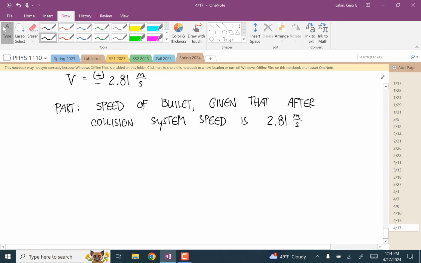So everything's moving in the x direction. So we'll say the bullet's mass times its unknown velocity, plus the mass of the block times its velocity vector before the collision, which is just 0, is equal to the combined mass times a velocity vector of 2.81 for x, 0 for y.